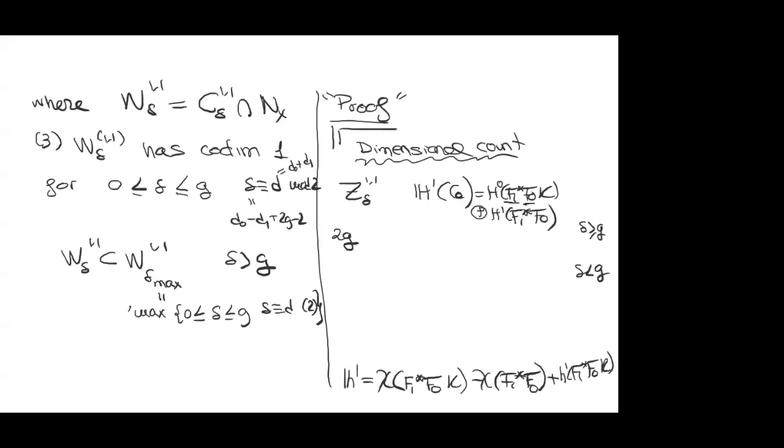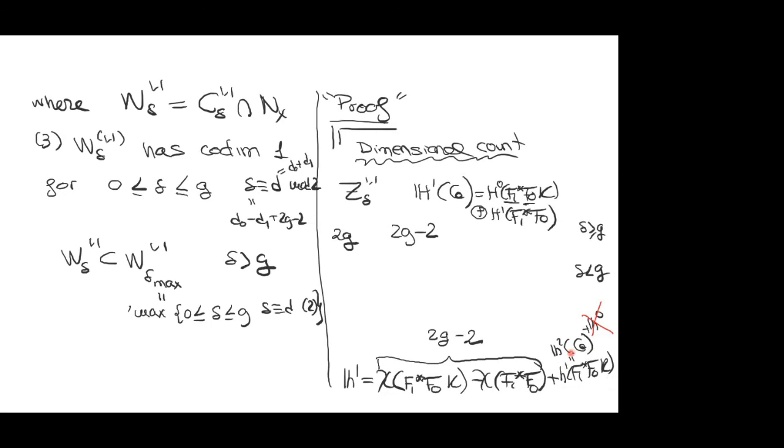This would be H2 of the complex, and H0 is 0 because of the stability condition. Plus H0, but this is 0. So let's see, this is just 2G minus 2. So H1 is 2G minus 2 plus whatever this is worth.